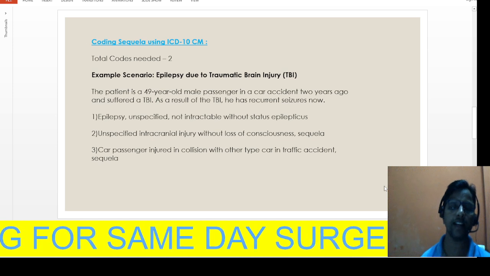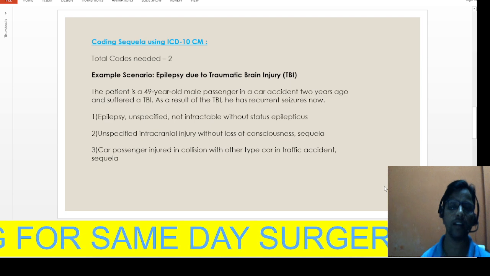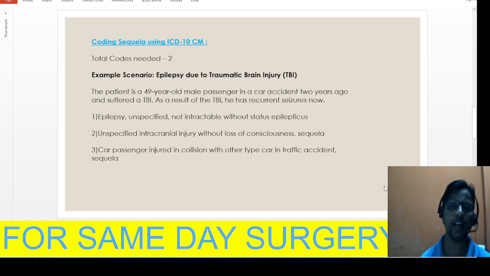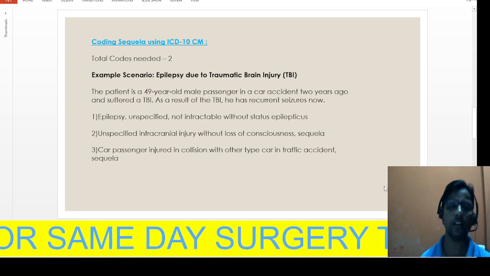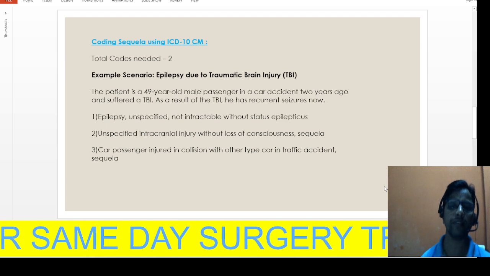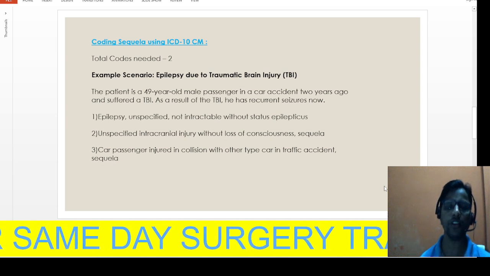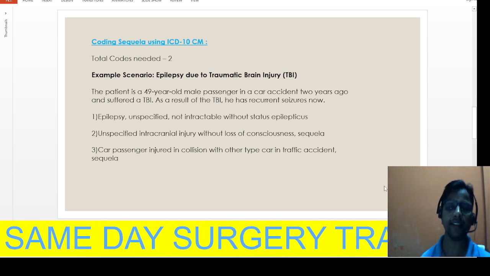The first is the condition which is the result of the previous condition or trauma, and the next is the condition because of which the patient has epilepsy, which is TBI. And here we also need to code the car accident as sequela.